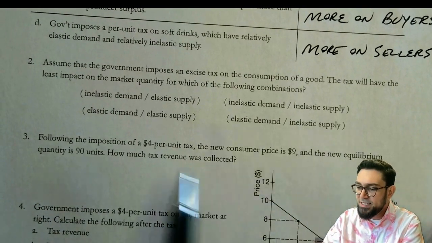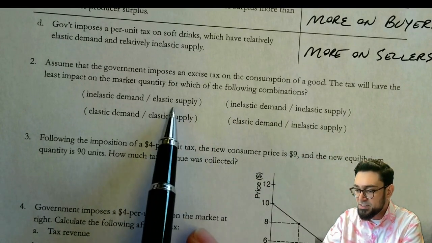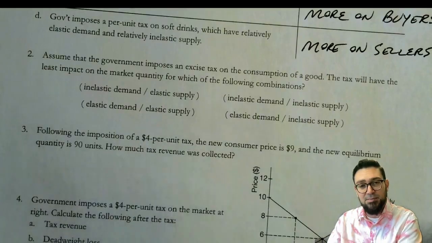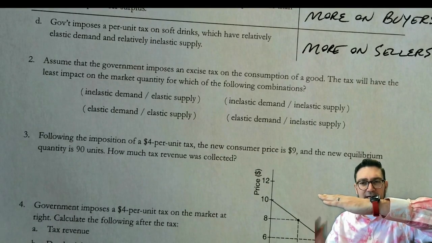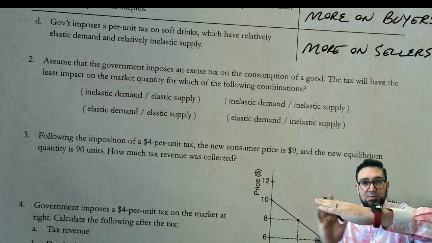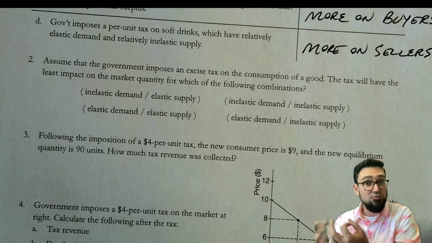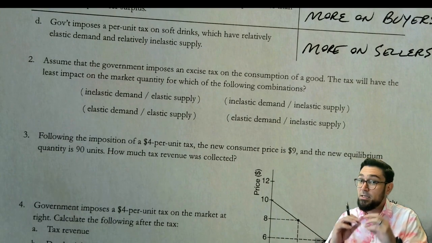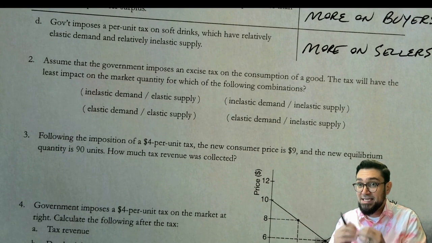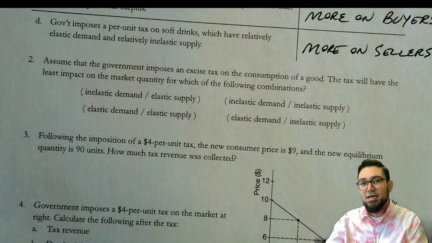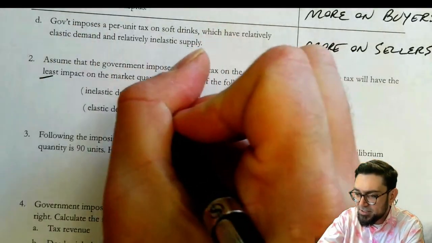Well, if we have a really elastic supply curve, for example, or an elastic demand curve, that's going to be pretty flat. And that means there's a lot of quantity response to a change in price. Even a small change in price, elastic demand and elastic supply tell us big change in quantity. And this is saying the least impact on the quantity.